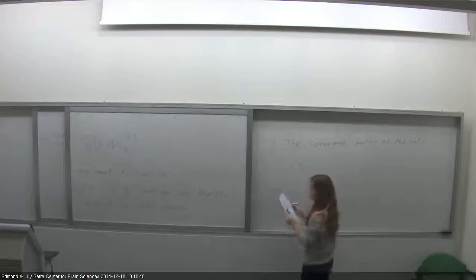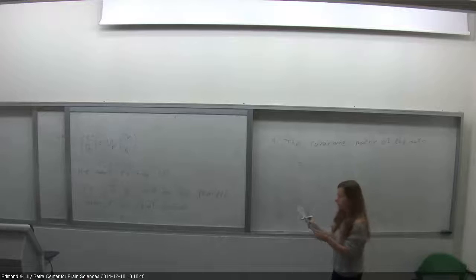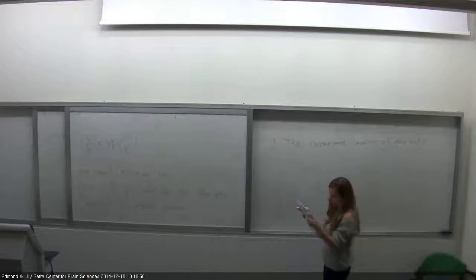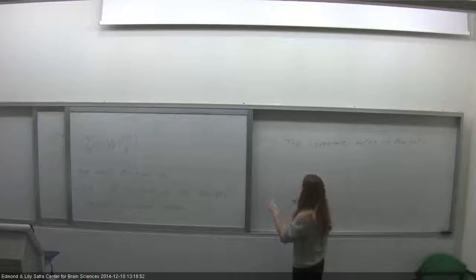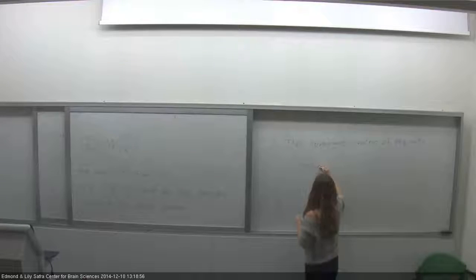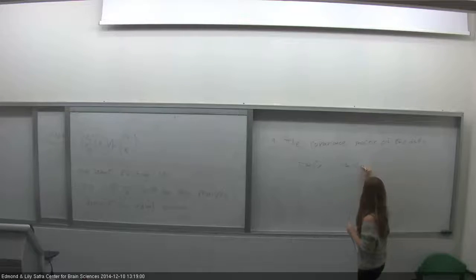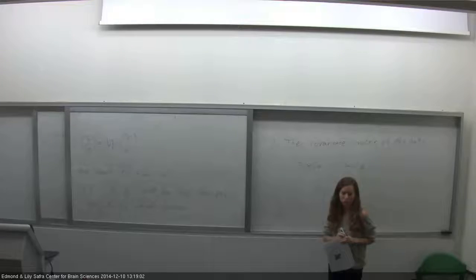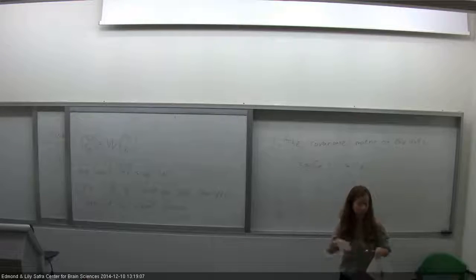It's possible to see that the covariance matrix of the data C is equal to alpha CA plus 1 minus alpha CV. It should be linear, and it's quite easy to do the algebra and get it. It's not a guess or something.